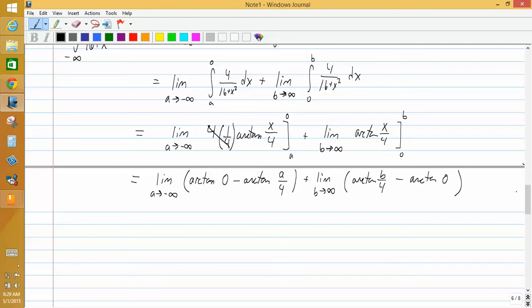So now all we have to do is try to figure out what all of these arctans equal. The arctangent of 0 means the tangent of what is 0. That's 0. And then that's going to be minus the arctangent of negative infinity.